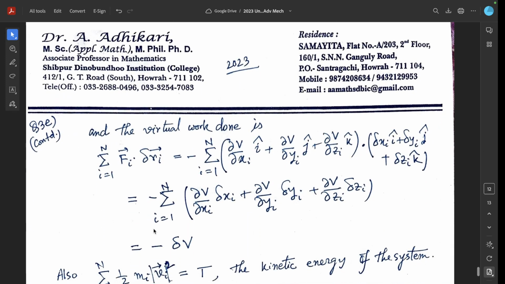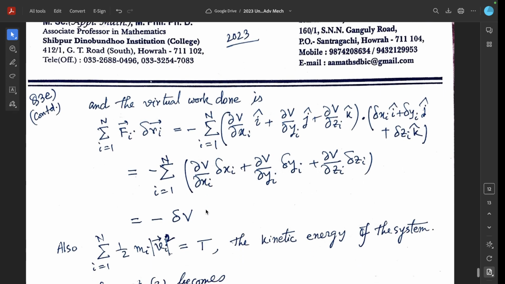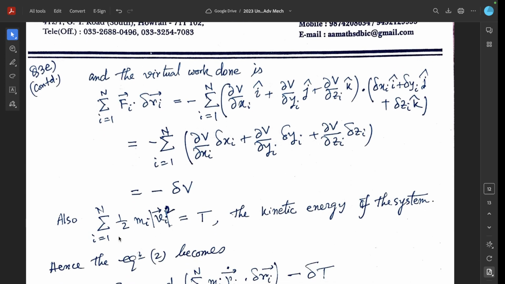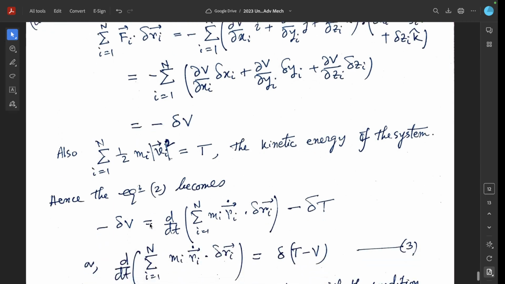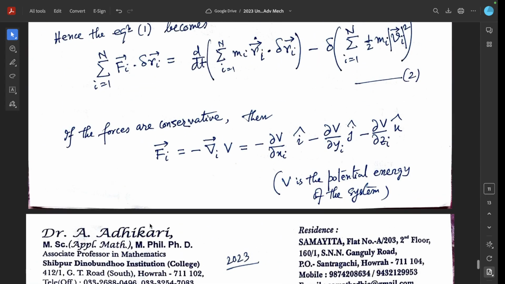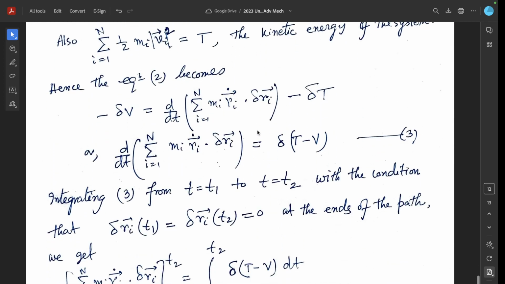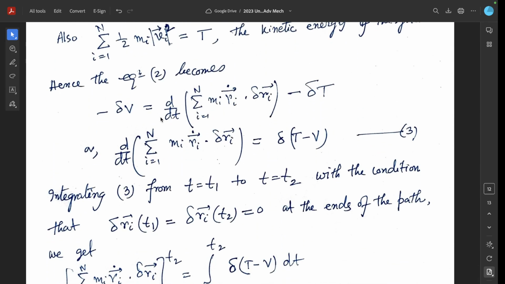And the virtual work done, the summation of i equal to 1 to capital N of Fi vector dot delta ri, we get equal to minus delta V. Now T is the kinetic energy, and equation 2 becomes this minus delta T equal to d/dt of this minus delta T. So d/dt of this equals delta T minus delta V, equation 3.